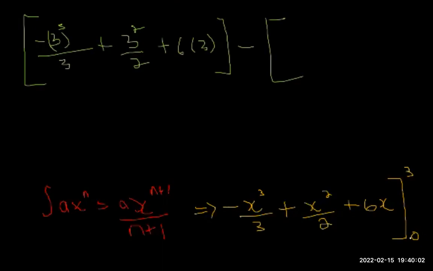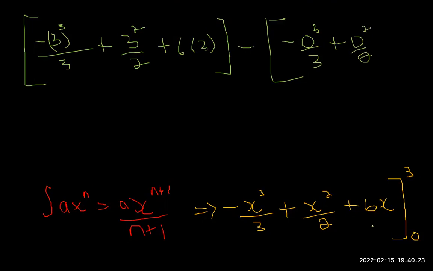Then I'm going to substitute my lower limit into here. So wherever I see x, I'm now going to replace it with 0. What would this give me? Minus 0 cubed on 3 plus 0 squared on 2, then 6x is going to become 6 by 0.